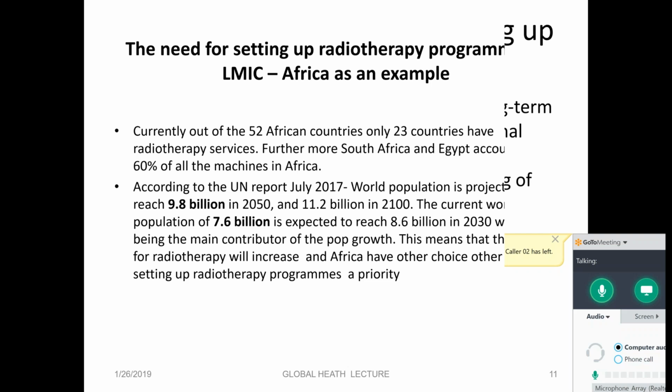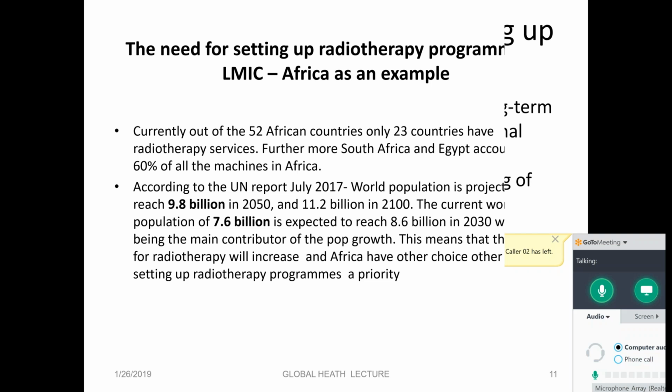When we were starting the radiotherapy program in Tanzania, there were a lot of challenges. We had a lack of resources, mainly financial resources, human resources, and infrastructural resources.